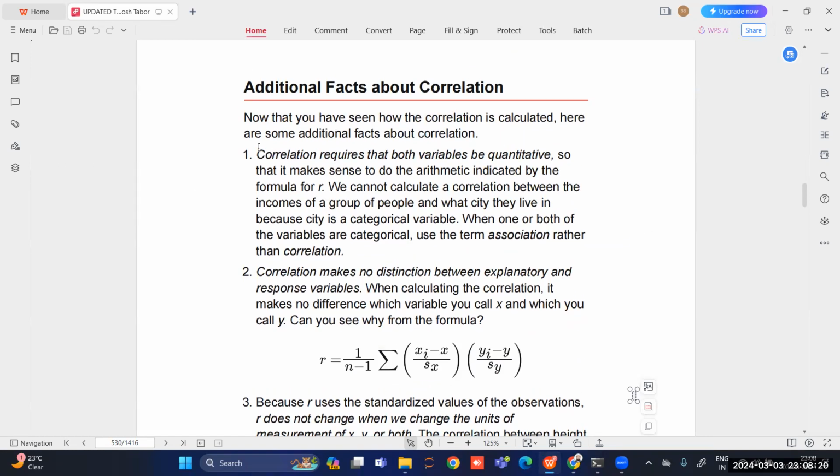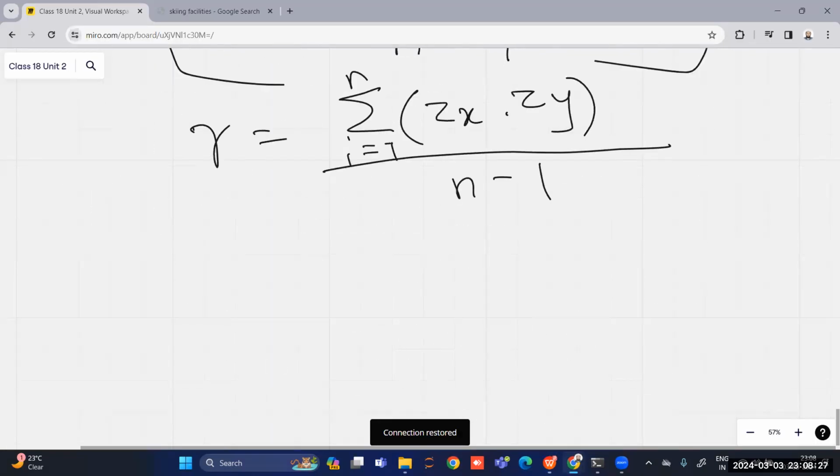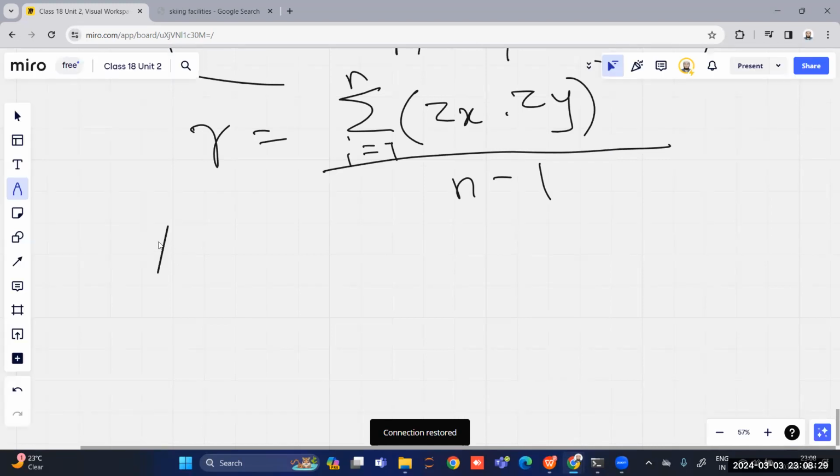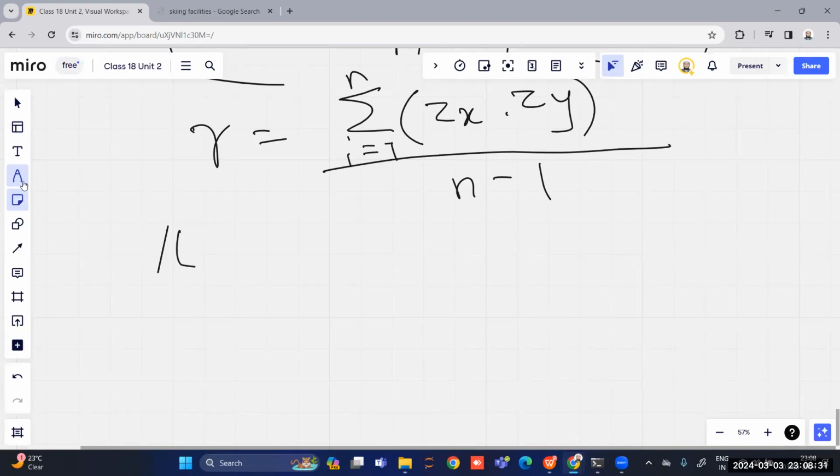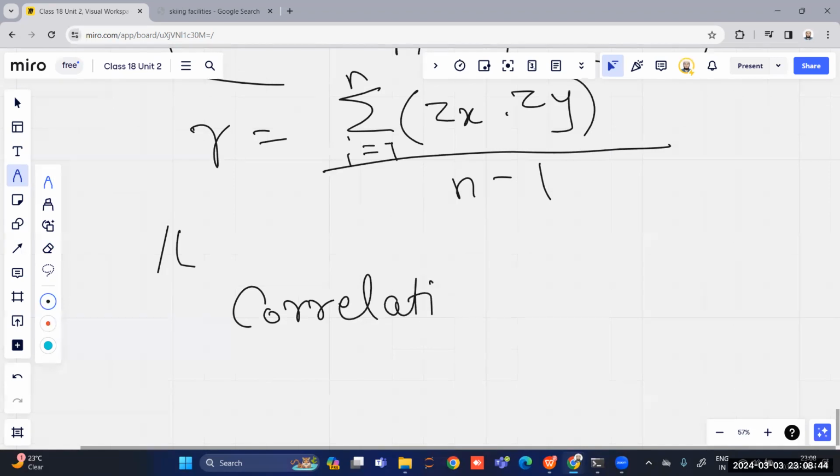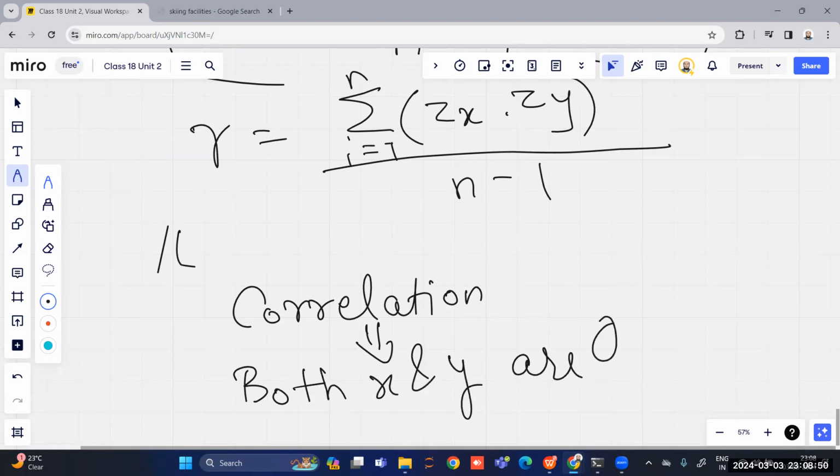First, the additional facts. Correlation requires that both variables be quantitative. This is one important point for correlation: both x and y must be quantitative variables.